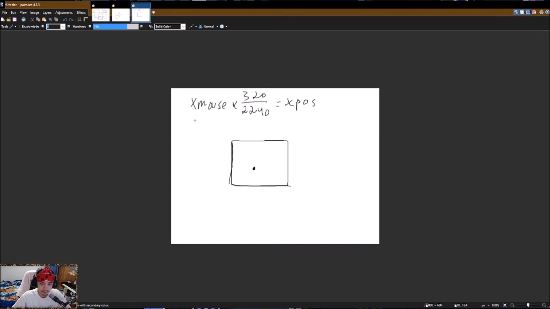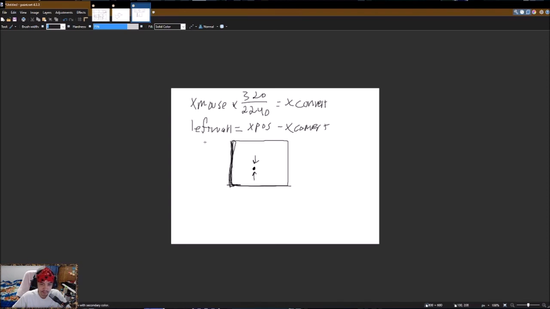I'll call this X convert. Left wall is equal to X position, which is Madeline's current position, minus X convert, which is the same position that the mouse is in. I just subtract it and it gives me the value of the left wall.